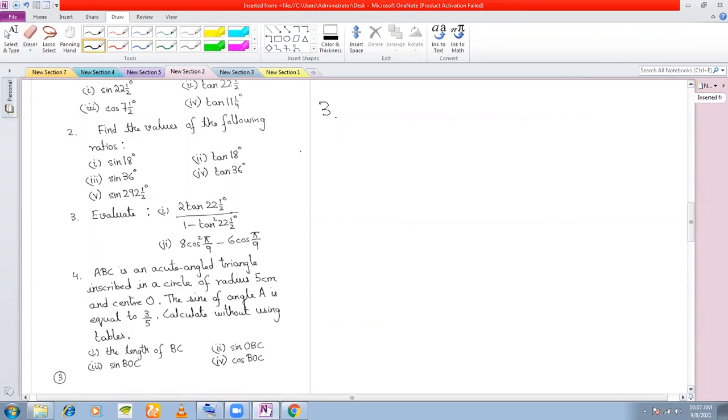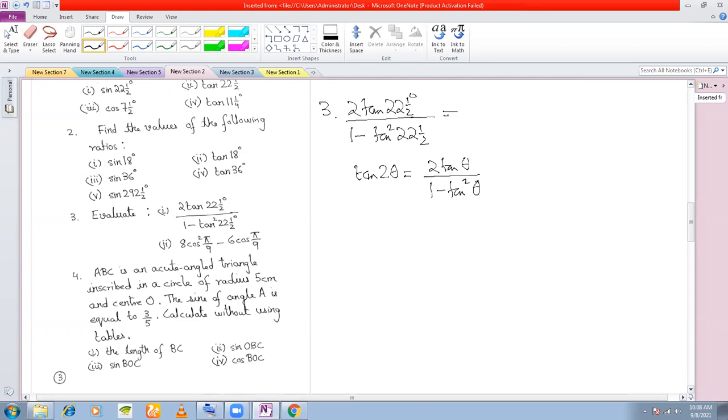Evaluate 2 tan 22.5 degree divided by 1 minus tan square 22.5 degree. Okay. Now, if you compare with the formula of tan 2 theta, you realize tan 2 theta is equal to 2 tan theta divided by 1 minus tan square theta, right?